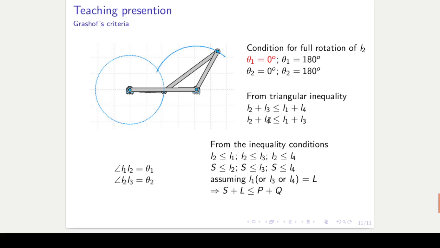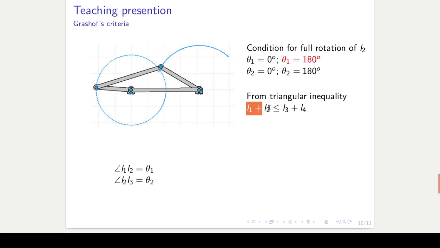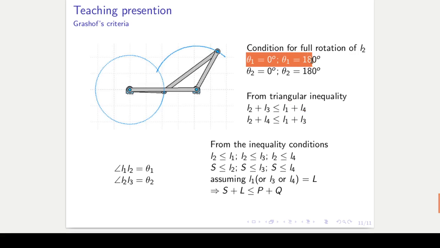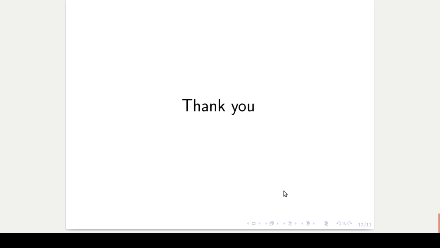So just by imposing these conditions, I automatically satisfy the others. I leave that as an exercise. So in order to satisfy all these conditions, all I have to do is make sure that this inequality is satisfied, and this is known as Grashof's criteria. Thank you.